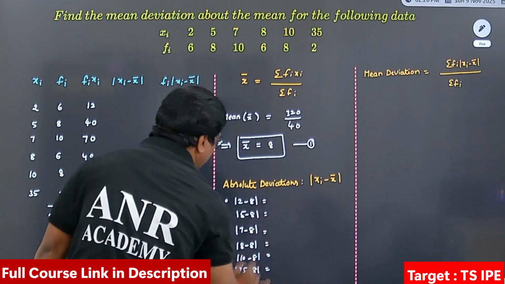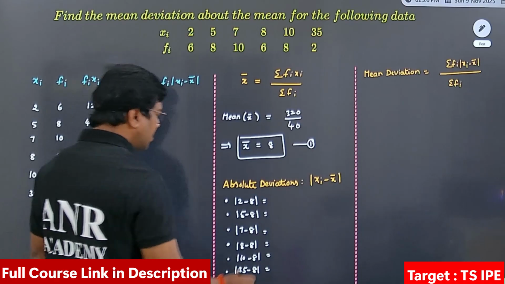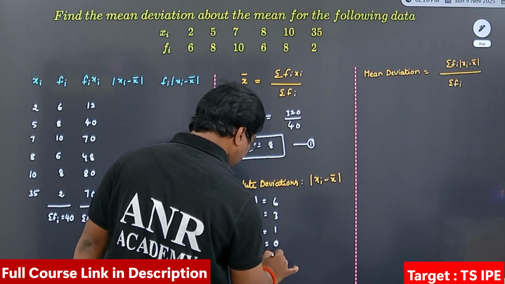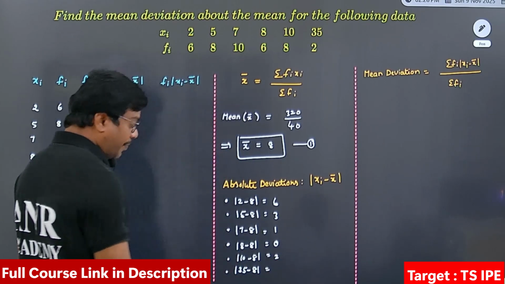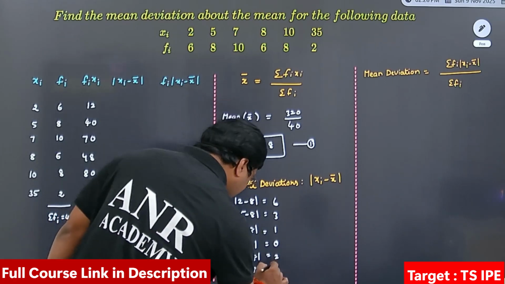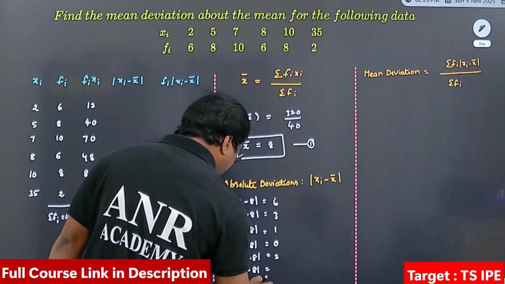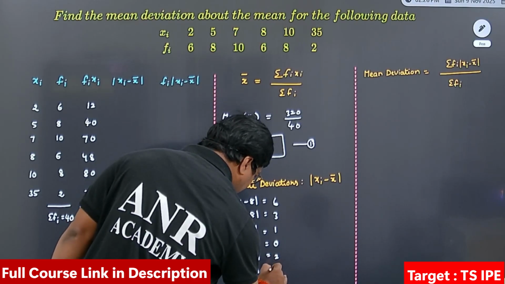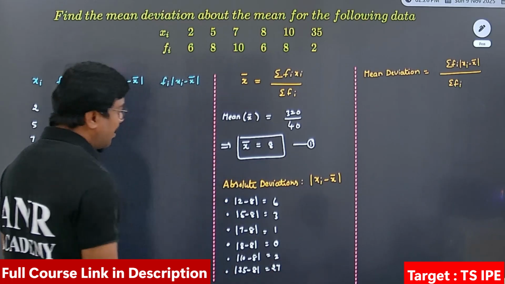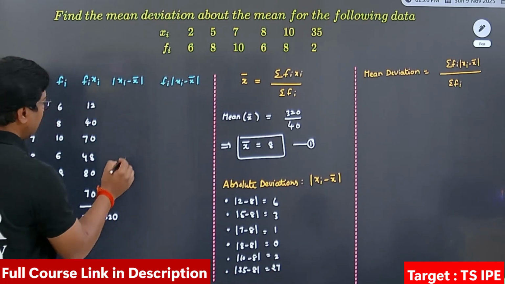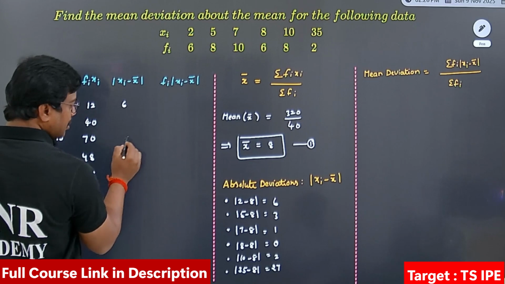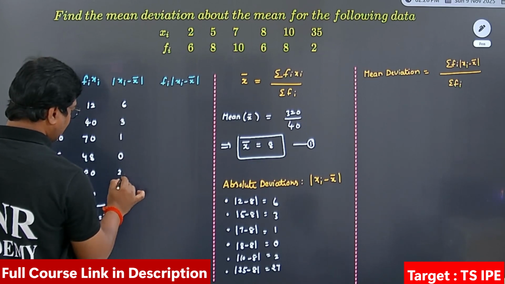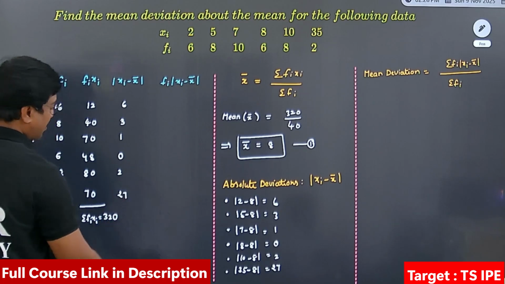These are absolute deviations. This is 6 and 3, 1, 0, 2. Next, 35 minus 8 implies 27 it is. Yes, here I am going to mention 6, 3, 1, 0, 2, 27.